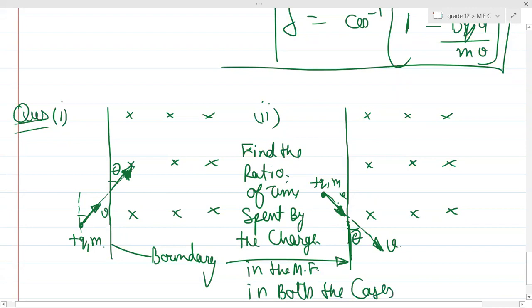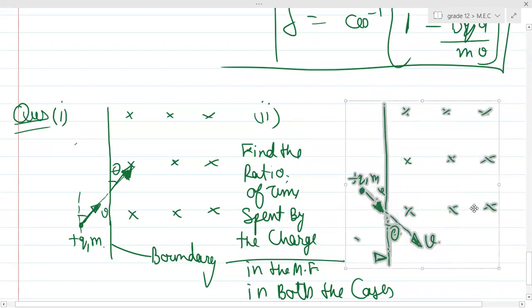Basically, you want the ratio for 1:2. Okay. I want you to find the ratio. Everyone understood the question, right?